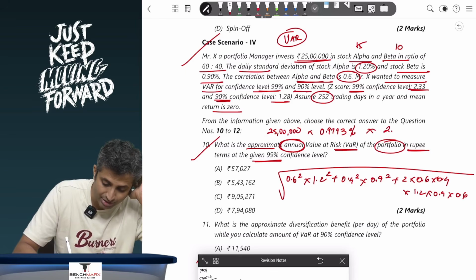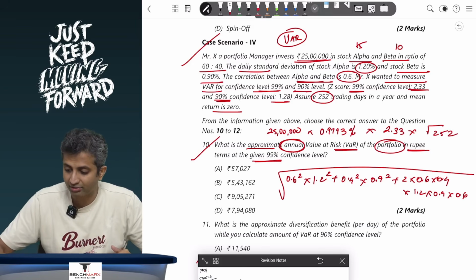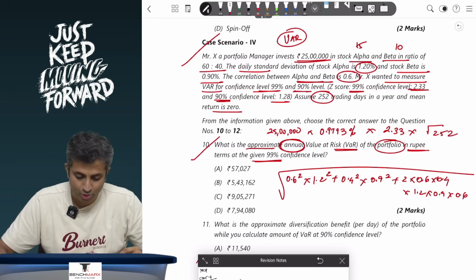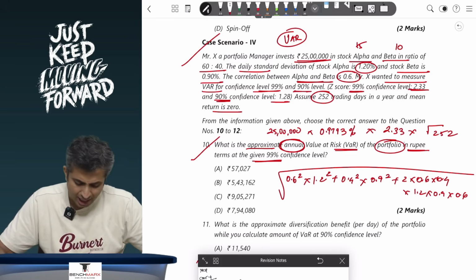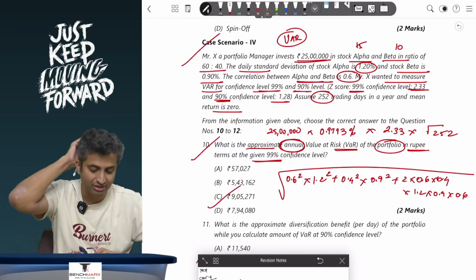This is at 99%, so this is 2.33 into the root of 252 days. This is the annual, and there are 252 days that is given. So 252 square rooted, that is 15 point something, into 2.33 into 25 lakhs into 0.9793%. So this is around 9 lakh 5,200 and something. So this is your option C.